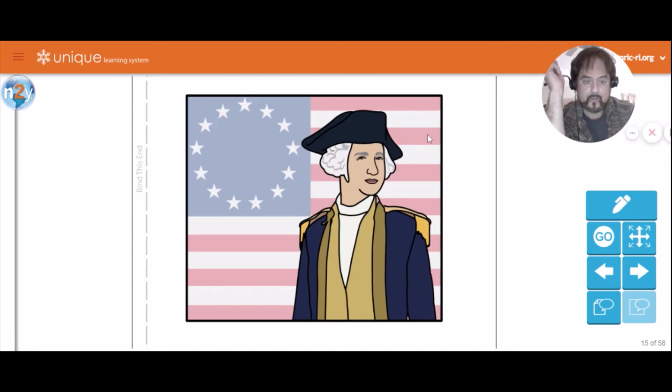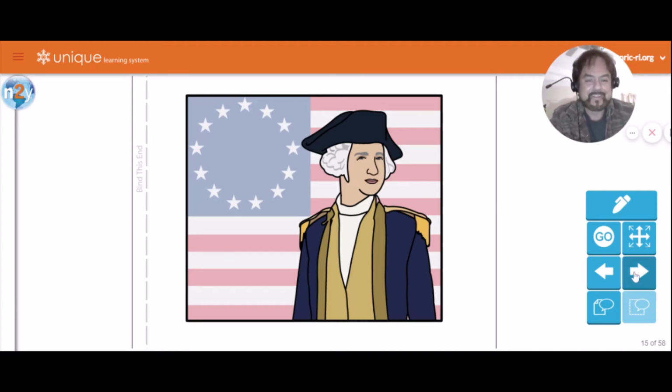So our flag, the United States flag, still has 13 stripes to symbolize the 13 colonies, but now we have 50 stars in the blue square because we have 50 states. And if we got another state, there'd be 51.